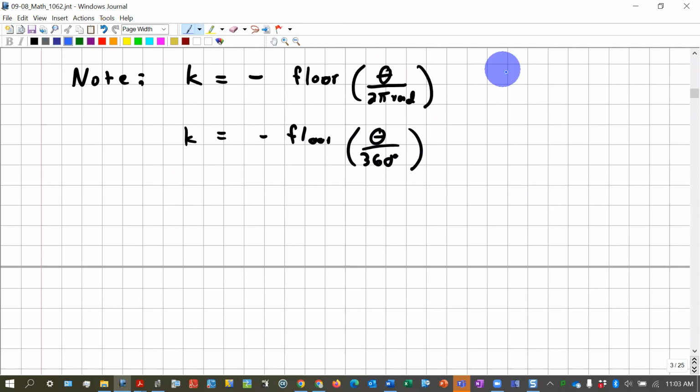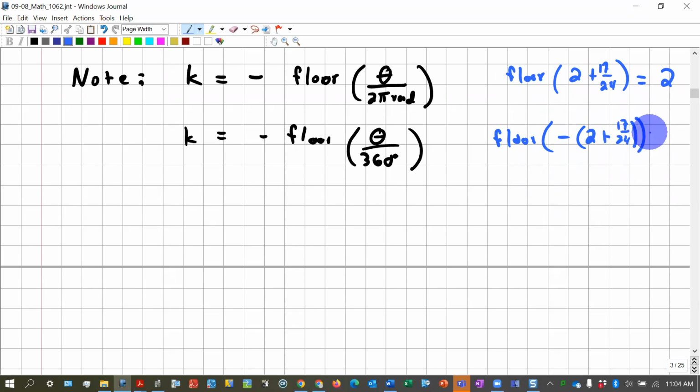So the floor of positive 2 and 17/24 is 2, but the floor of negative 2 and 17/24 is -3.